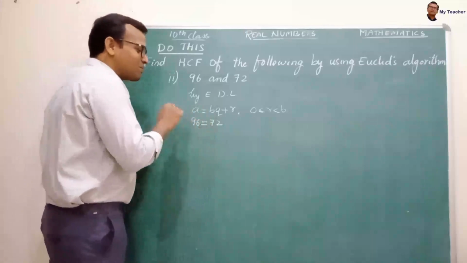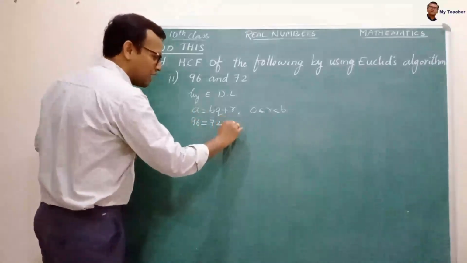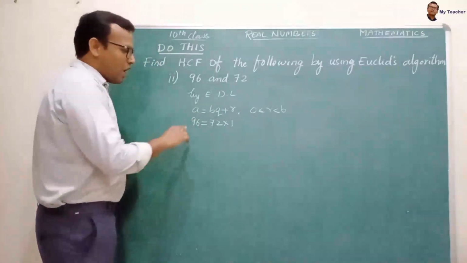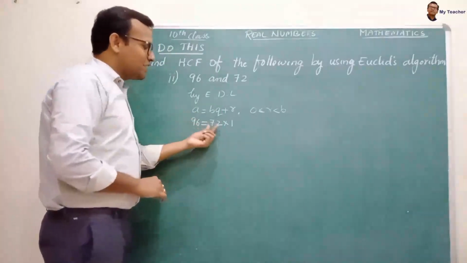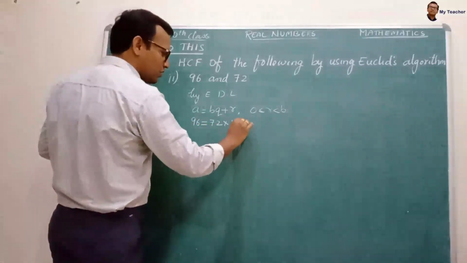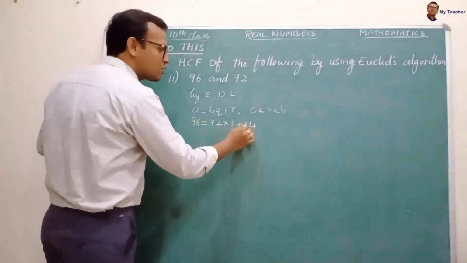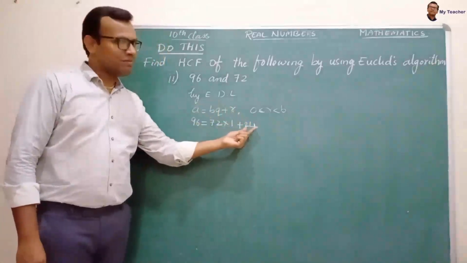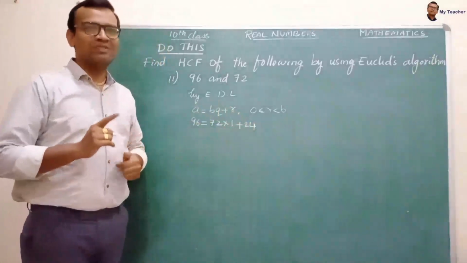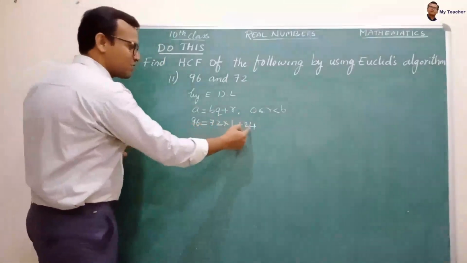So, how many times does 72 go in 96? Just one. 72 ones are 72. Out of 96, 72 we got. How much left? 6 minus 2, 4. And 9 minus 7, 2. Is the remainder 0? No. So what we have to do is continue applying the lemma on these two.